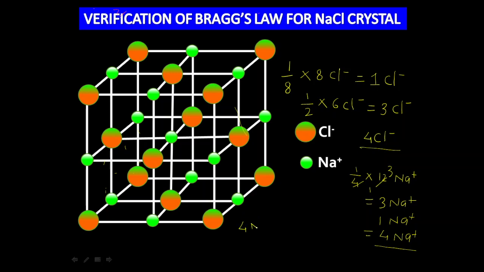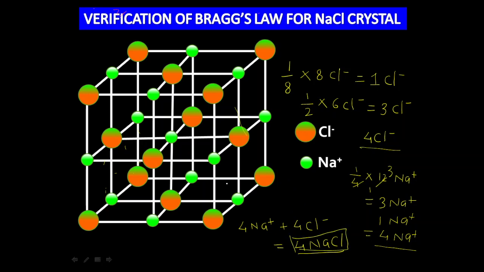So if we add 4 Na+ plus 4 Cl-, it will be 4 NaCl. So in this face centered cubic NaCl structure, there are 4 NaCl molecules present.